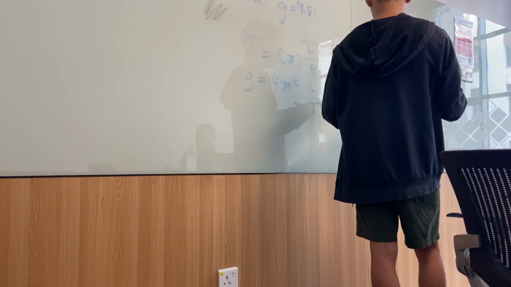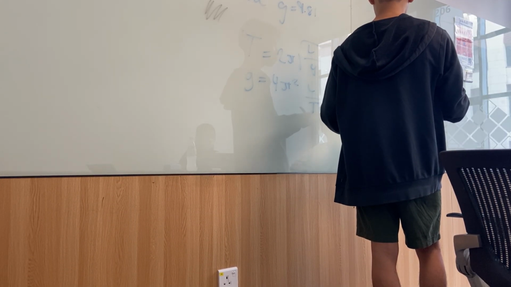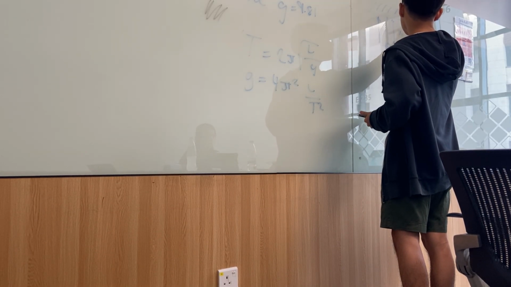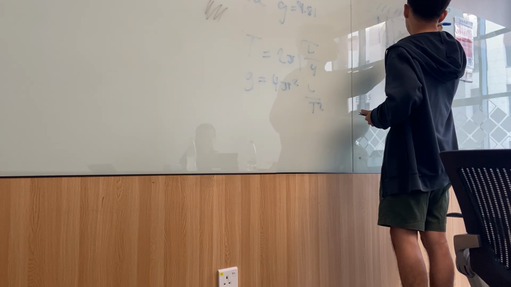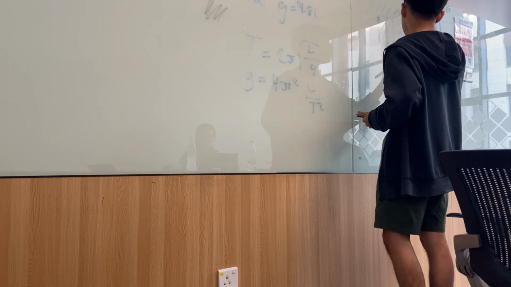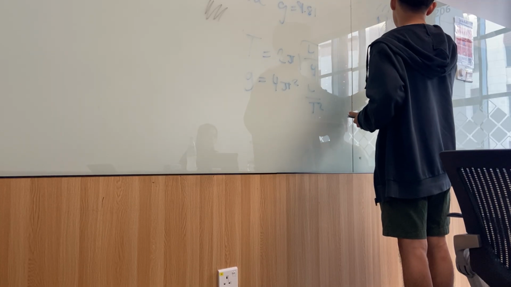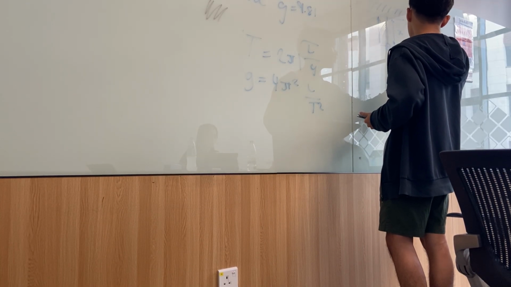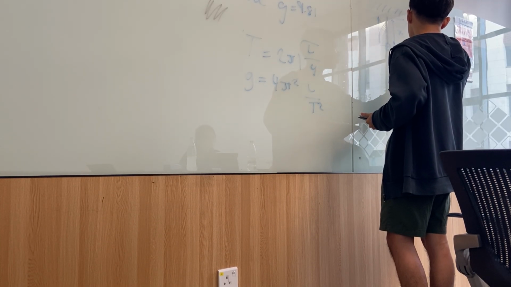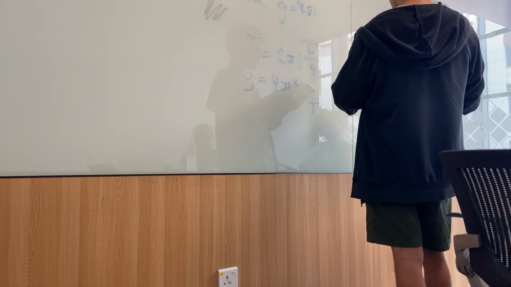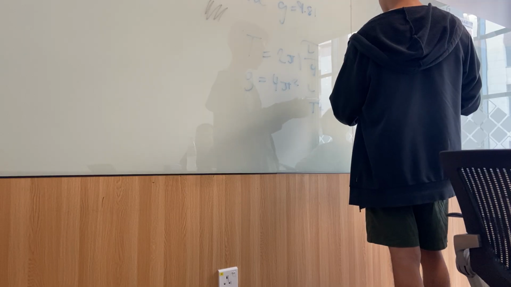So then, to measure x, we use a meter ruler. And then to measure d, because we need to get the total length, we use a caliper. And then from there, we should get the formula.